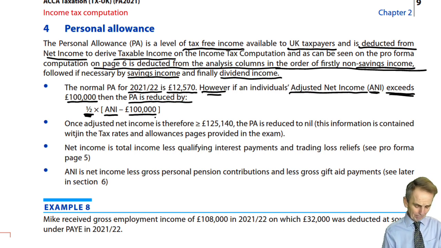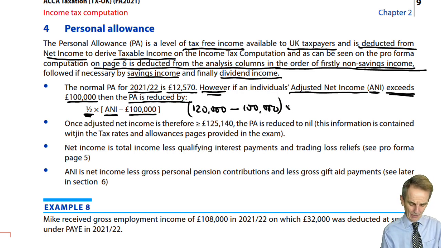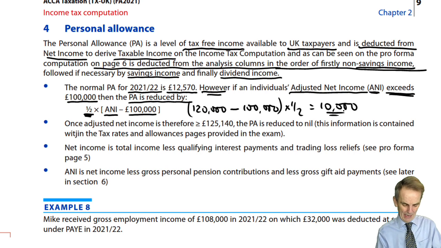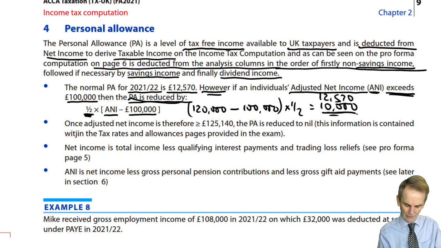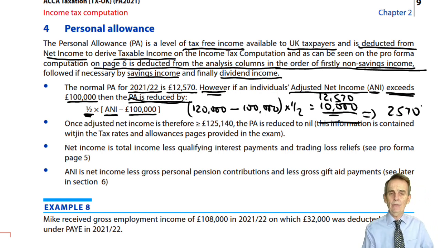So if the adjusted net income was £120,000, that is a £20,000 excess over the £100,000 limit, times a half, and obviously half of 20 is going to be £10,000. What is that £10,000? It's a reduction in the personal allowance. So that £10,000 would be deducted from your £12,570. Our normal personal allowance, £12,570, less £10,000, well, that would equal £2,570.